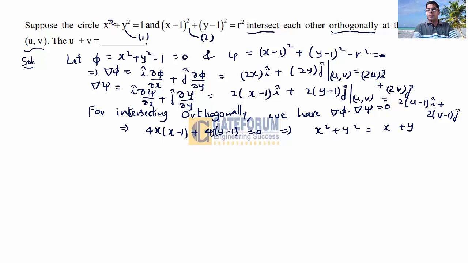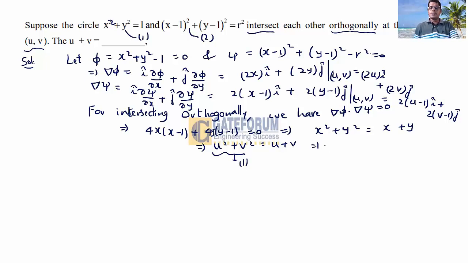So now, instead of this, x is replaced by u, y is replaced by v, so u square plus v square is equal to u plus v, already given, that is this value 1. Why? When two curves intersect at a point, such a point lies on each curve.